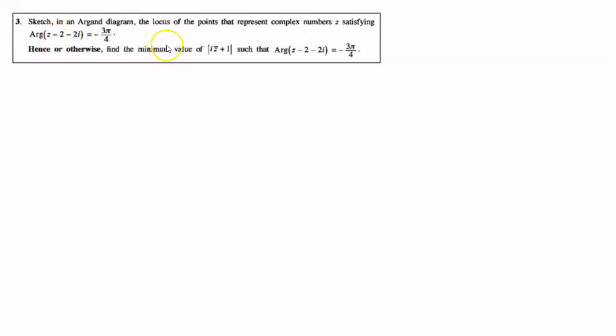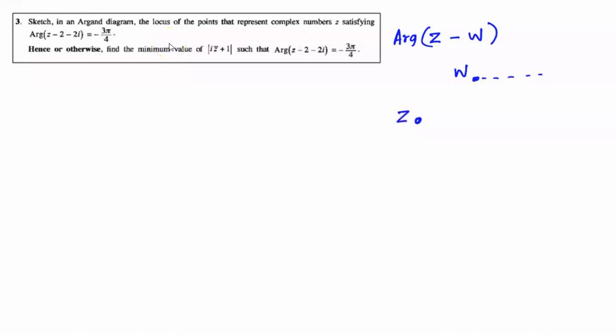As you should know, if you have two complex numbers, z minus w, and you are finding the argument, this means the angle considered in this way. If you have w in the Argand diagram at some point, then the angle measured from w to z, wherever that is.